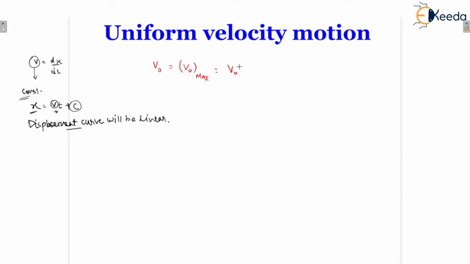So V naught mean, what is the mean velocity during the out stroke? We already calculated it in the last video: omega s upon theta naught.